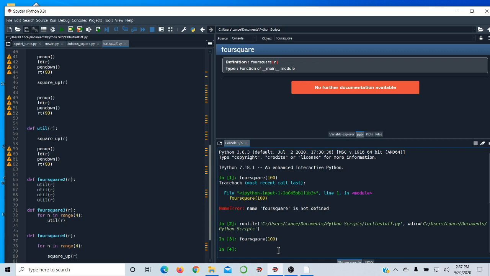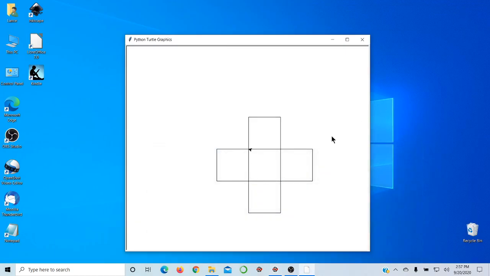So that's 4 square 2. And if we look for that, there it is. We drew it again, so that was satisfactory.